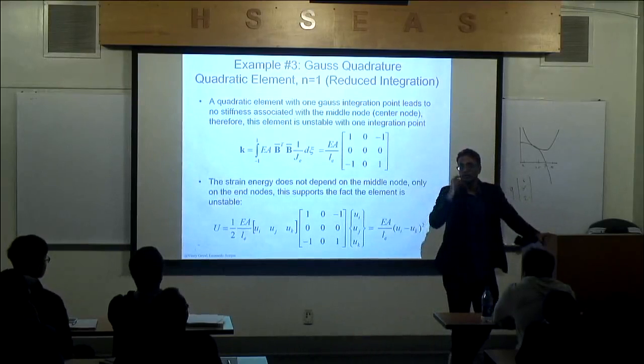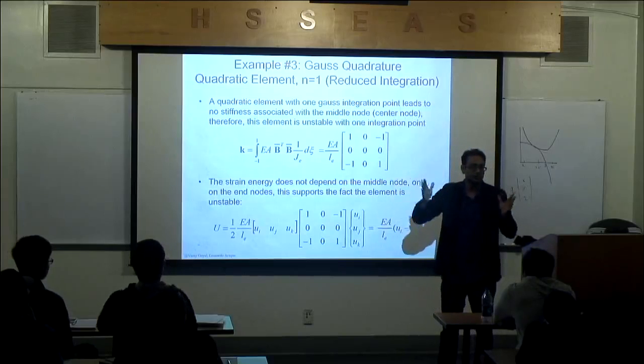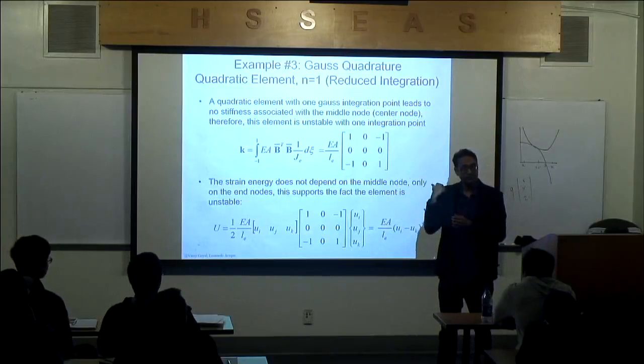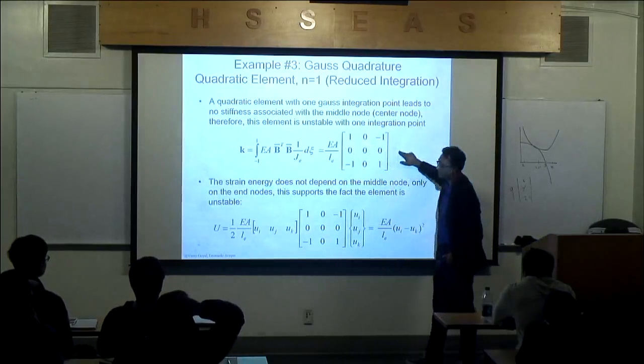We'll cover that maybe in the next lecture, where reduced integration is actually more accurate than full integration. So what I did earlier with n equals 2 is full integration. I get the exact solution. With n equals 1, which is reduced integration, I use just 1 point instead of 2 points. Here, it hurts you. You get an unstable element, where the middle node is doing nothing.